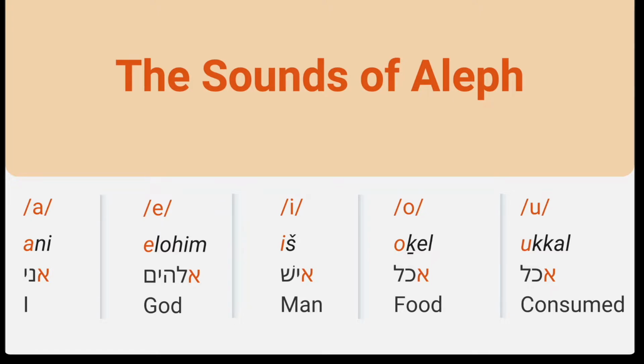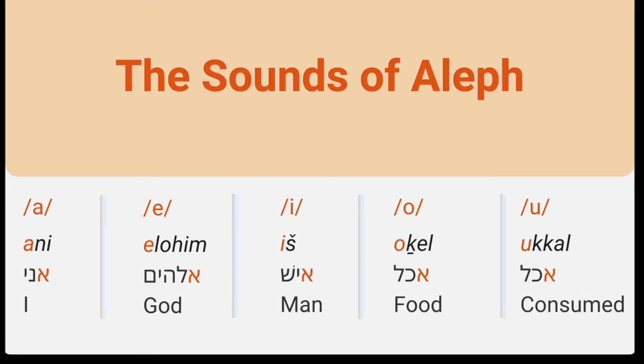Other times there's a short or a long I sound, like for instance in the word ish for man, ish. Other times we'll have an O, like in the word for food, ochel. And other times there'll be an U sound, as in the word ukal.